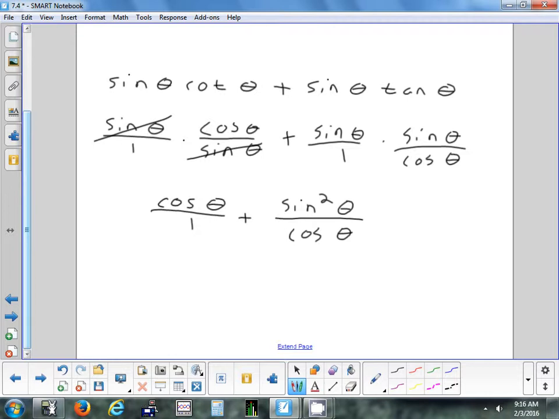Okay, so now changing to sines and cosines isn't going to help at this point. Everything already is a sine and a cosine. We have two fractions and we want to add them together. But if you want to add fractions, what do you need to make sure you have? A common denominator.